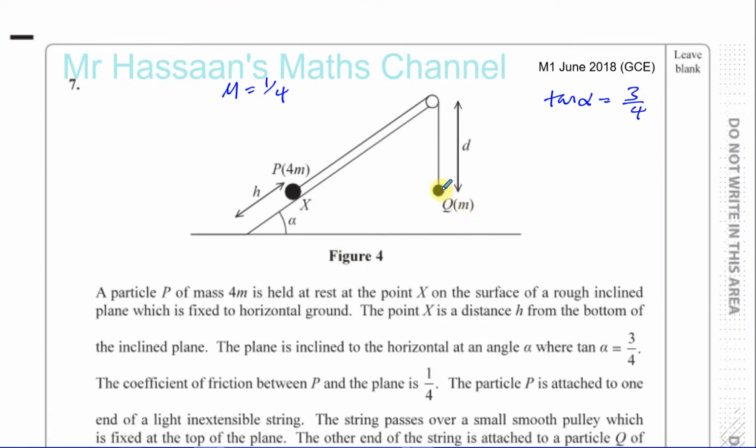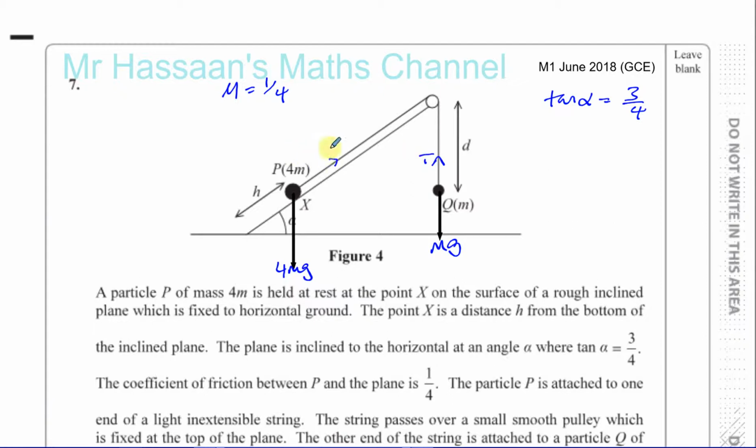So you have the weight of each of the particles acting straight down always. This particle's weight is 4mg down here, and this is mg down here. You have the tension in the string here, and the tension in the string here.